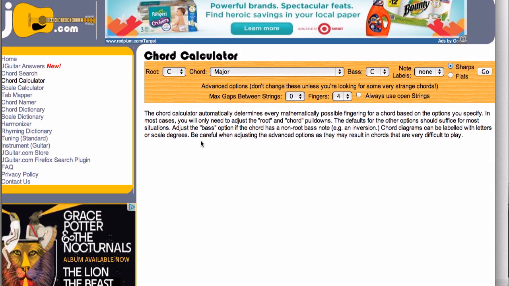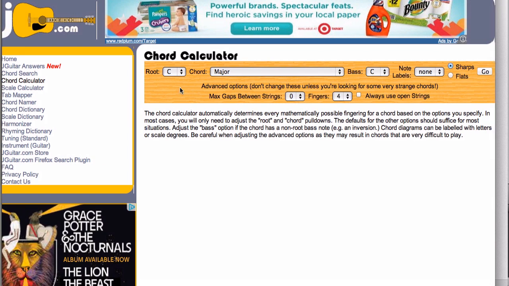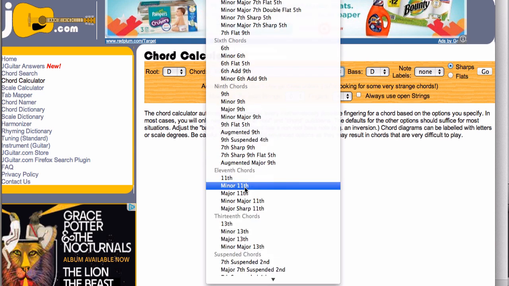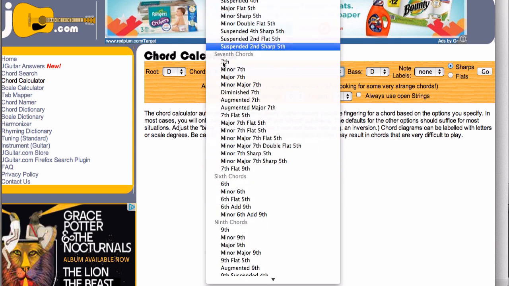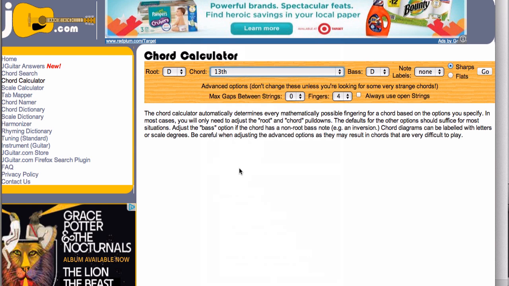Oh yeah, if you go to chord calculator instead of chord namer, let's say you wanted to figure out all the D13 chords. You scroll down, and we have all sorts of chords. We go down to D13, and we want the regular 13.